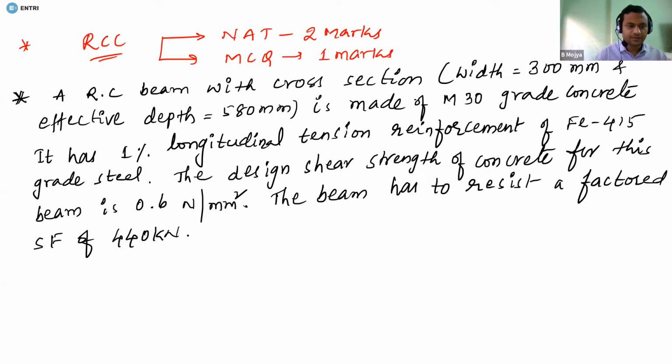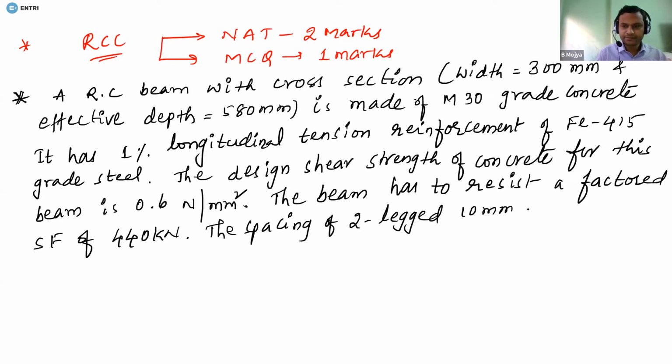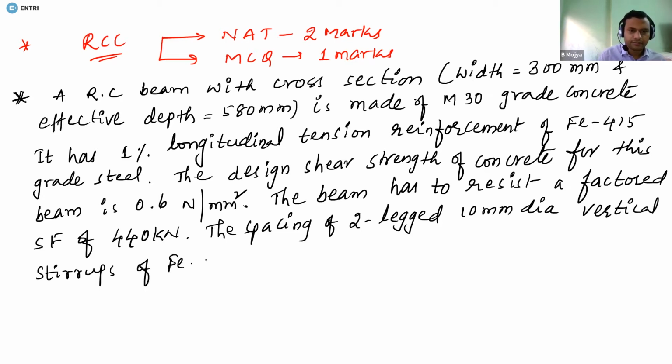So this is the design shear force given to you, and it is asked the spacing of two-legged 10 millimeter diameter vertical stirrups of Fe415 grade steel is dash millimeters.